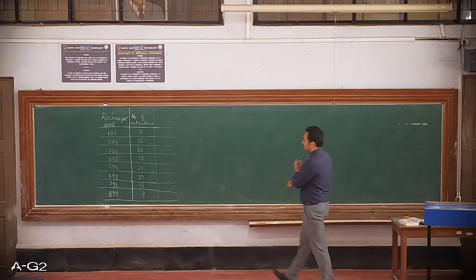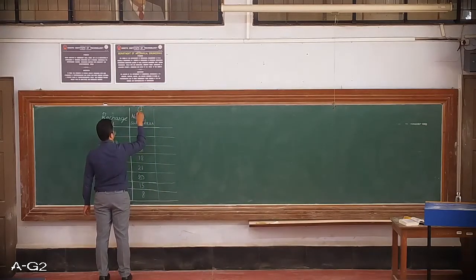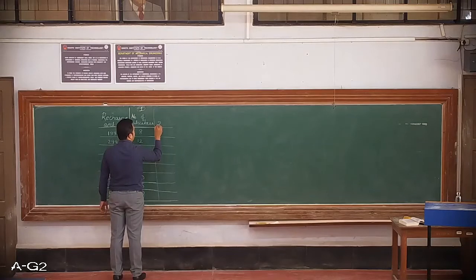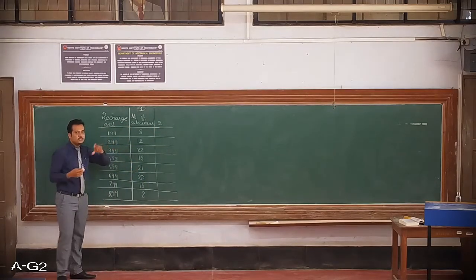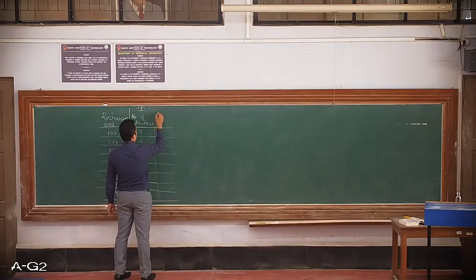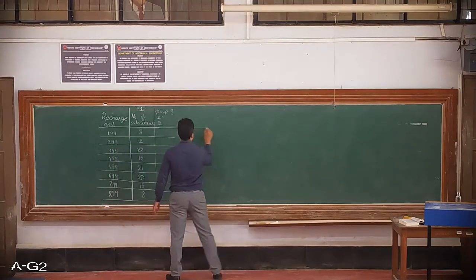So first, let me denote this column as 1. So I have the column 2 here, where I'll be writing the sum of 2 sequences, and it is a group of 2's. So let me please expand this table.